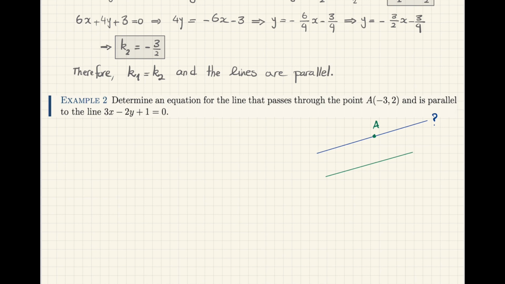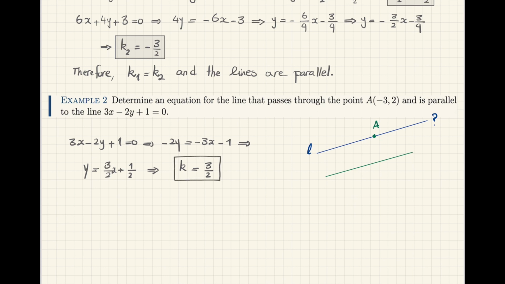So let me call this line L. Okay, and let us see how this will go. I will do the same as in the previous problem to find its k value. How should I do that? I will keep minus 2y here. I move 3x to the right, 1 to the right, divide by minus 2. So it becomes 3 over 2 x plus 1 over 2. And then I realize that the k value is equal to 3 over 2. But this is the k value for this green line.